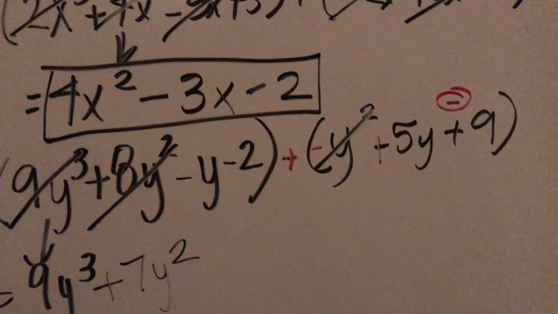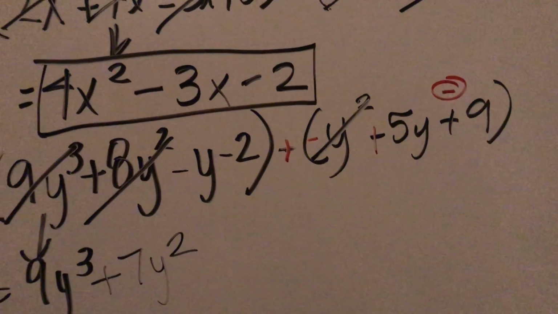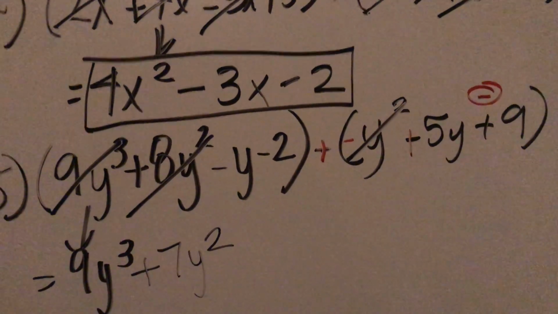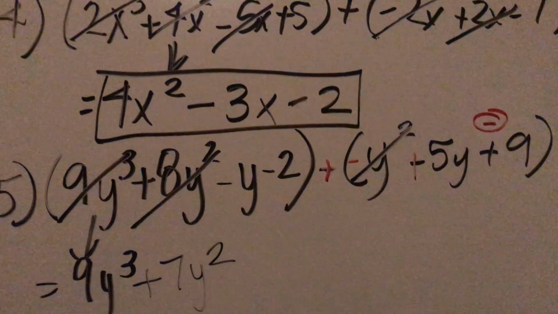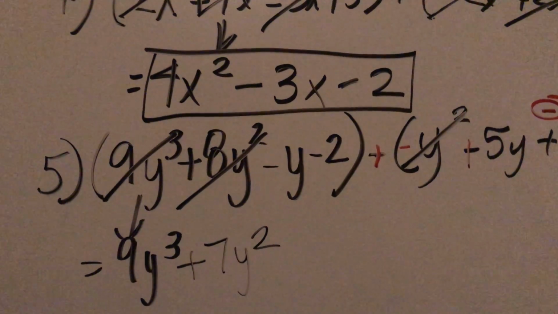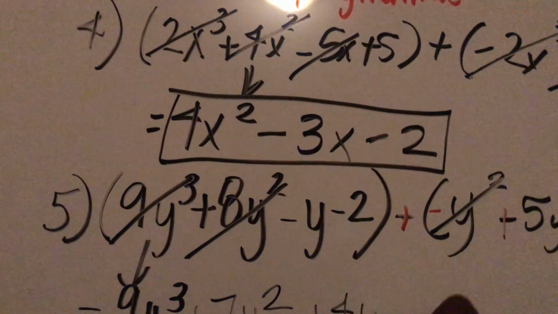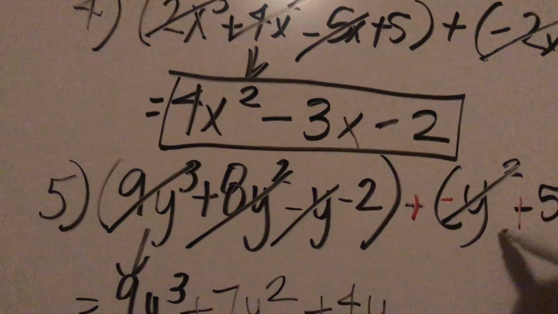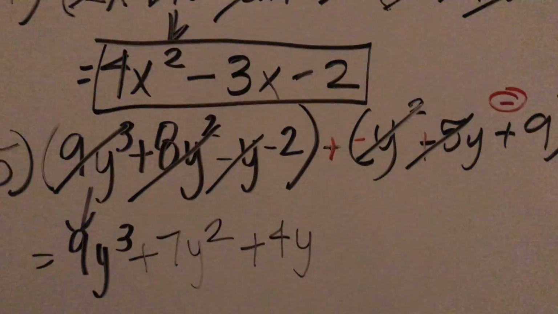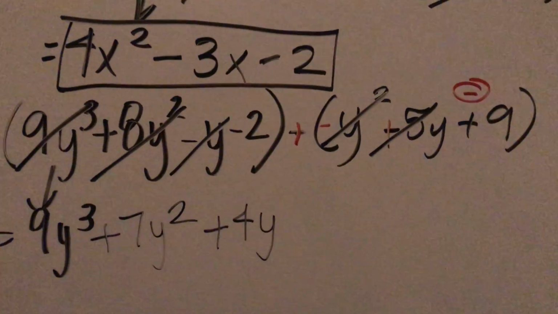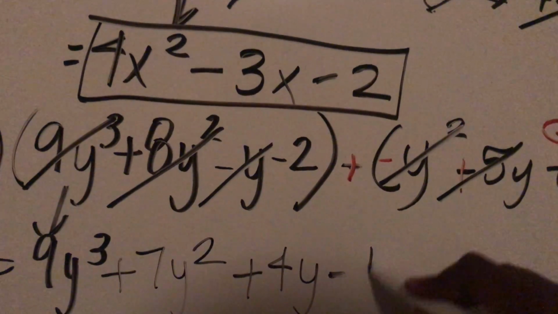So now we go on to y's. So negative y plus a positive 5y gives you a positive 4y. And a negative 2 plus negative 9 gives you negative 11.